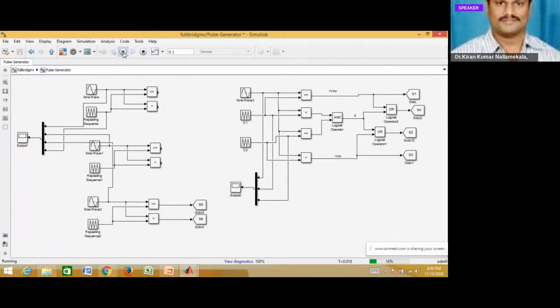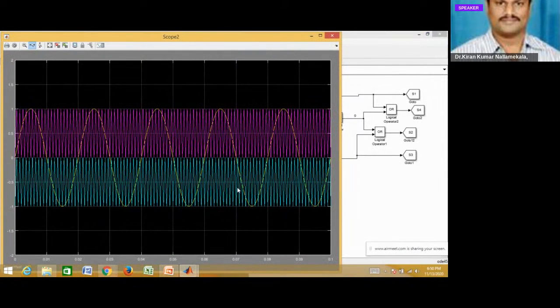Run the simulation and see whether your given sine wave and carrier waves are in the sequence or not.